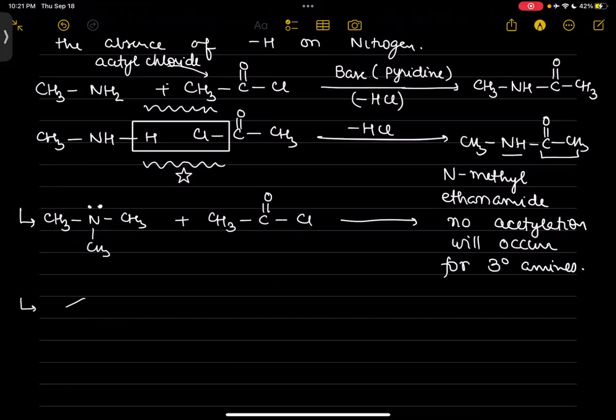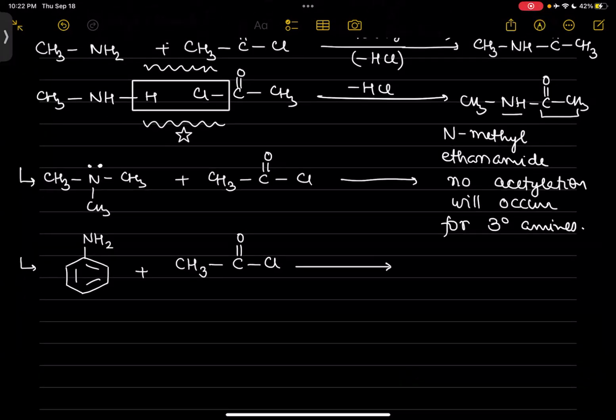For example, if I take aniline and react it with CH3COCl, what will happen? HCl will be removed. This is acid chloride or acetyl chloride, the acetylating agent. I will use pyridine for the removal of HCl.